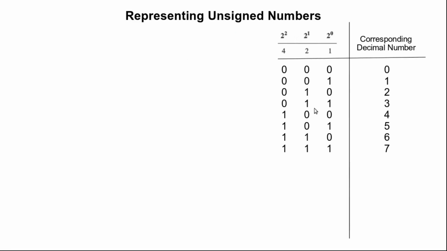Similarly, when we add 3 bits, we can represent 8 different numbers now, 000, 001, 010, 011, 100, 101, 110, 111, 8 different numbers from 0 up to 7.